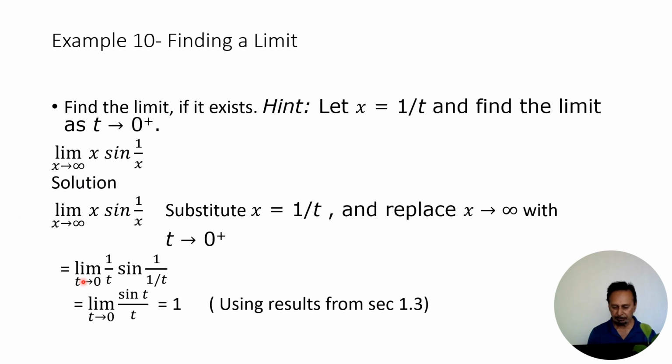This becomes the limit as t approaches 0 of sine t over t. You probably remember the result from section 1.3 that the limit of sine x over x as x approaches 0 is 1. So using that fact, the answer is 1.